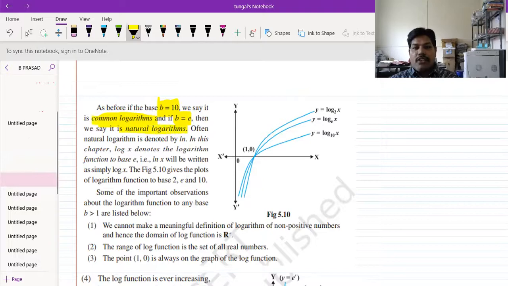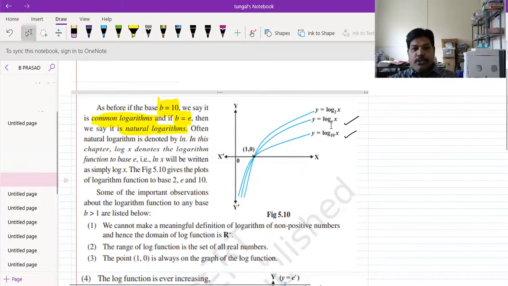So see in the graph, y is equal to log x base 10 is the common logarithm, and this is called the natural logarithm, log x base e. All these graphs pass through the point 1, 0.